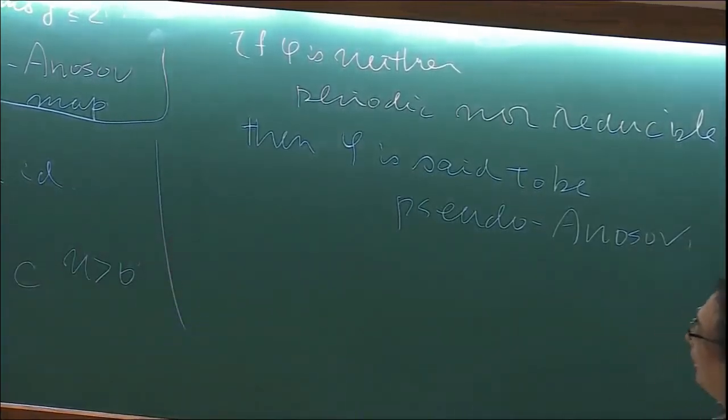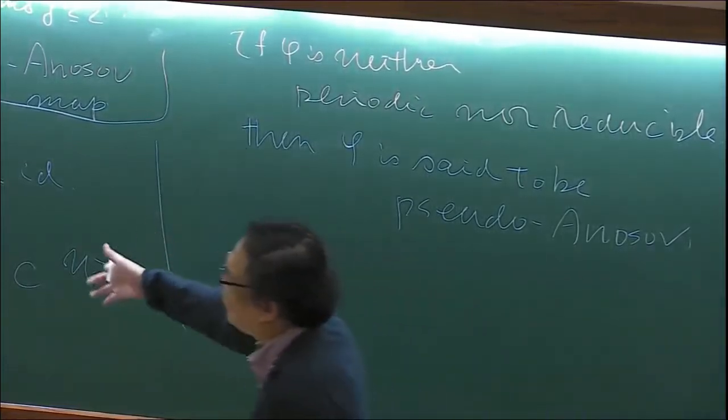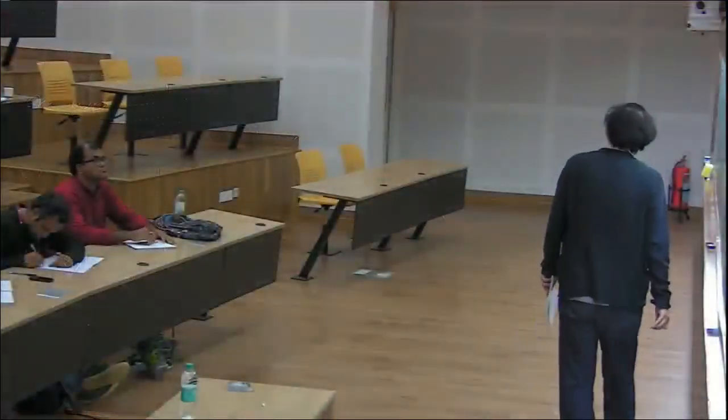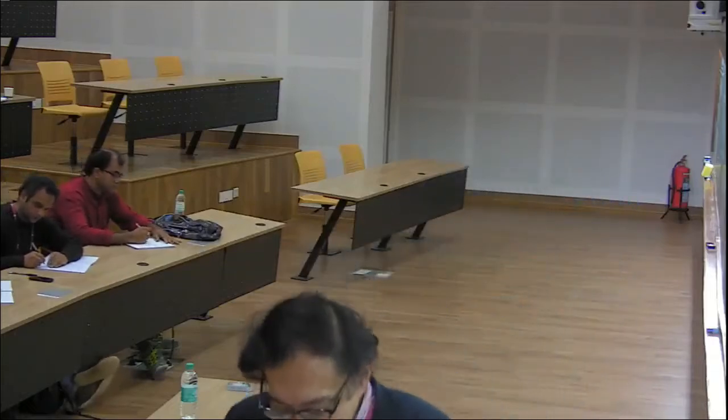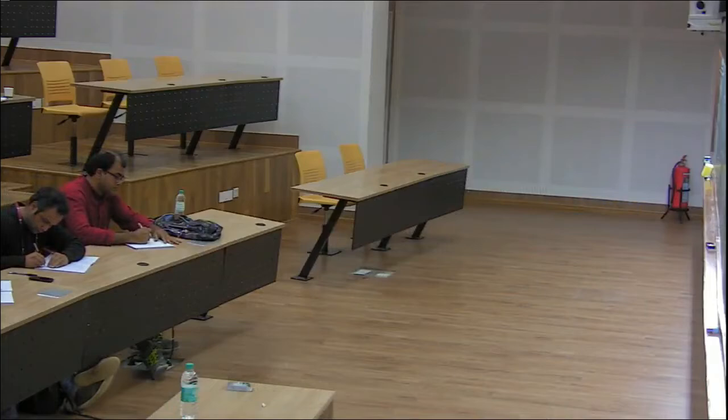That's what Thurston actually proved. This classification was probably obtained already by Nielsen; there's some characterization of pseudo-Anosov also by Nielsen, but in this rigorous form, it was Thurston that gave such a definition.